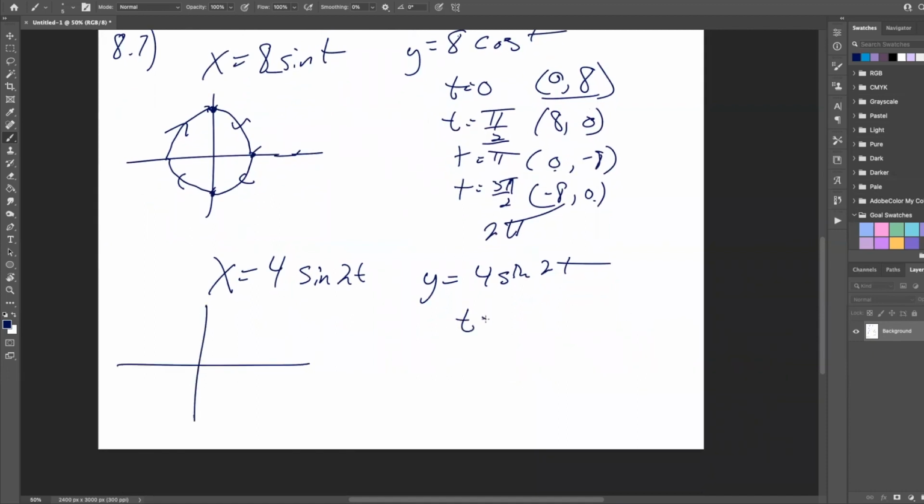So here when t equals 0, I'm at 0, 4. When t equals, in this case, pi over 4, because I double it, I'll be at 4, 0.